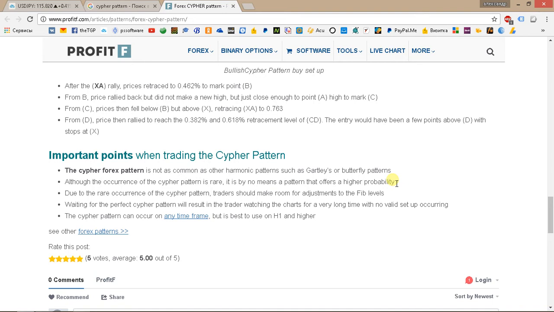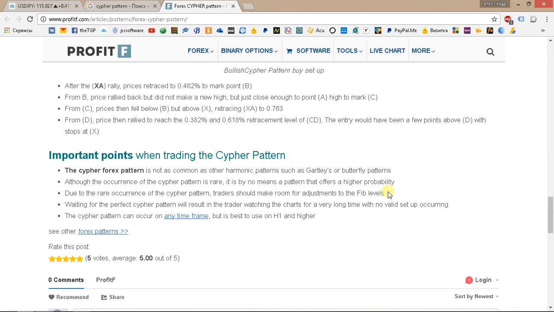You have a probability of about 60 to 65%, and the cipher pattern is 70 to 80, depending on the pair. It is one of the highest probability patterns.